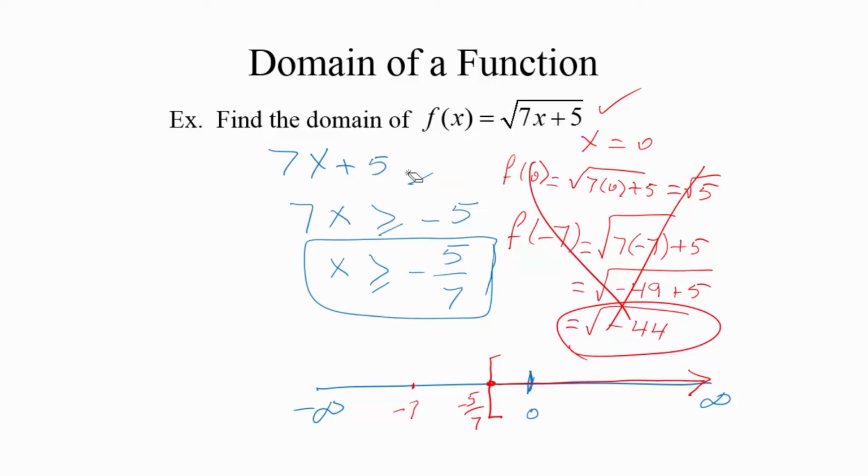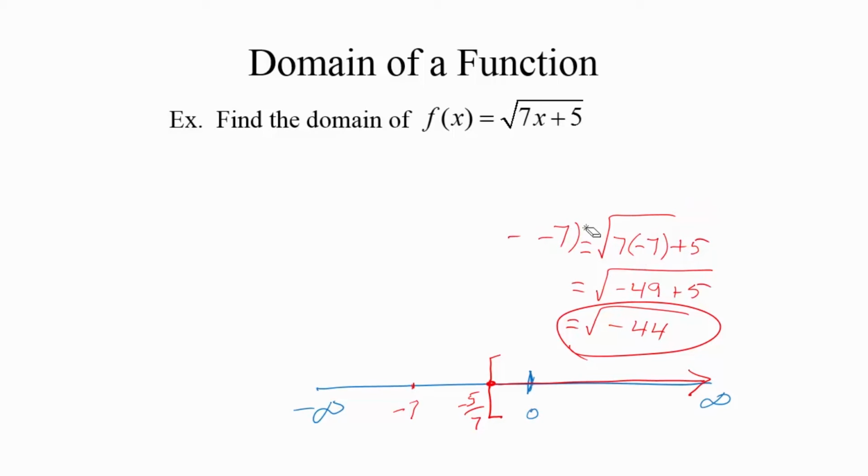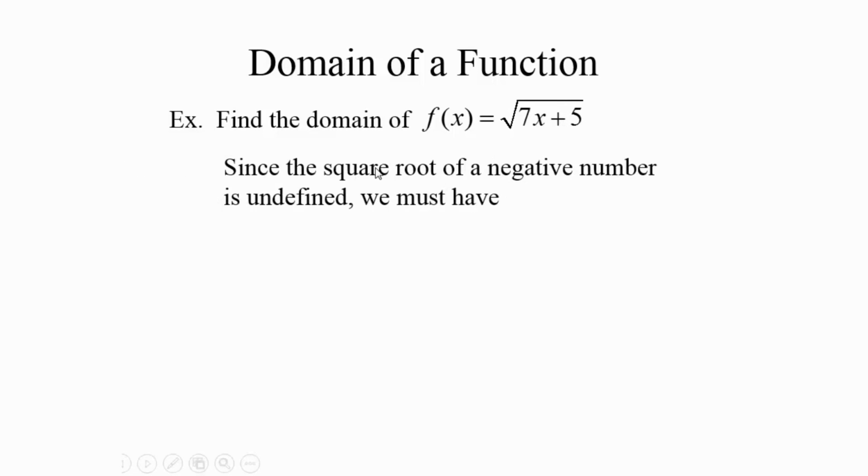So again, as usual, we're going to get rid of the answer I have here and see how they explain in the book on the slide the answer. Okay, find the domain of this. Since the square root of a negative number is undefined, whatever you have under the square root sign, you must have that greater than or equal to 0. 7x plus 5 greater than or equal to 0.